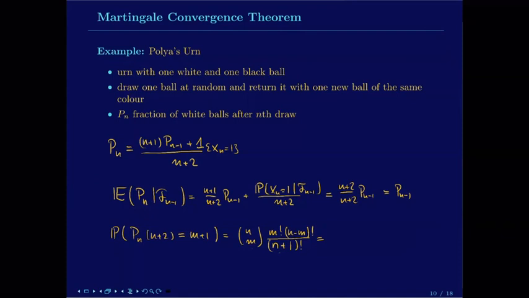So canceling out everything here from the binomial coefficient, we get exactly 1 over n+1. So we get a uniform distribution. It doesn't depend on the number of white balls that are present after the nth draw. The probability is simply 1 over n+1.